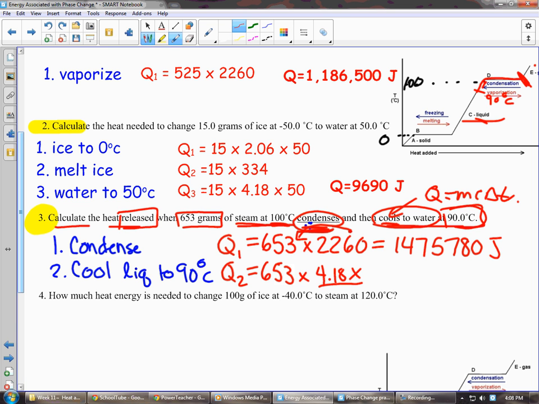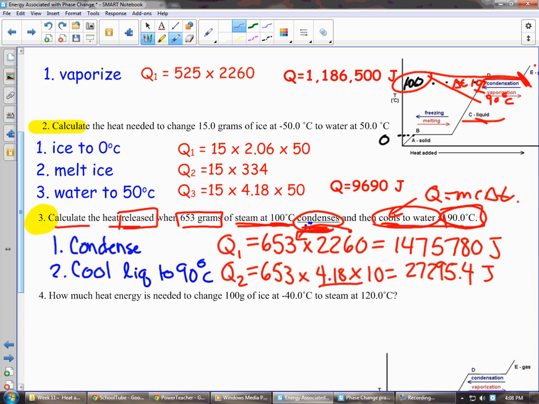Some students will say, hey, it's cooling 90 degrees, and plug that in there. However, if you take a look, when you condensed it, it was at 100 degrees. So to go from 100 to 90 is only a delta T of 10 degrees. So we're going to put a 10 here. And when I multiply that together, I get 27295.4 joules.